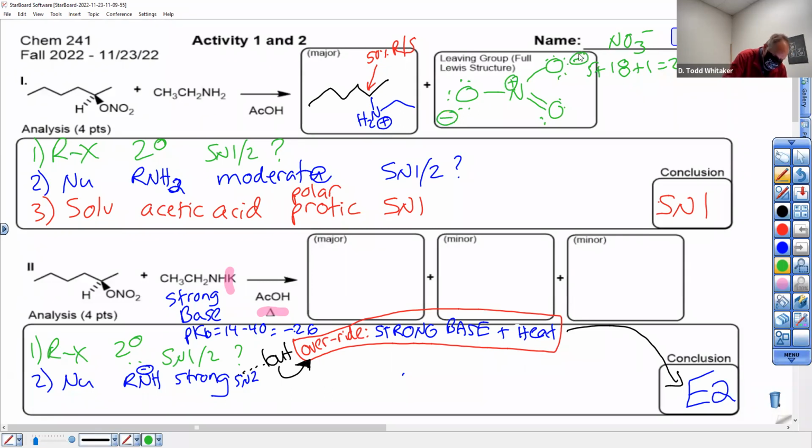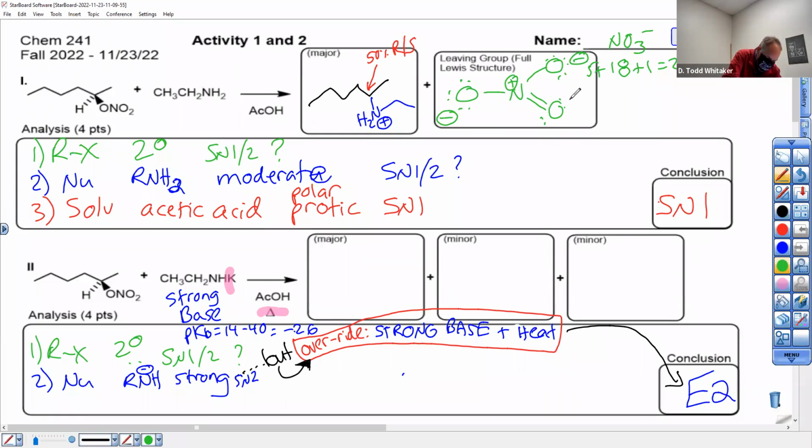Except for the bottom O. There you go. 2, 4, 6, 8, 10, 12, 14, 16, 18, 20, 22, 24. I got 26. Did I do some bad math? 5 plus 18 plus 1. 24. I got more than 24 electrons up there. I think I'm counting well. 6, 8, 10, 12, 14, 16, 18, 20, 22, 24. I just counted wrong. Yay, we win.